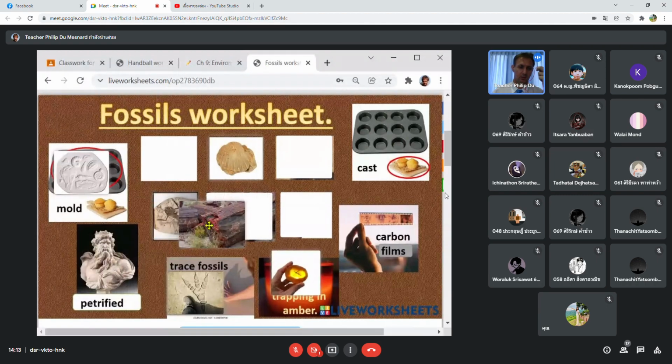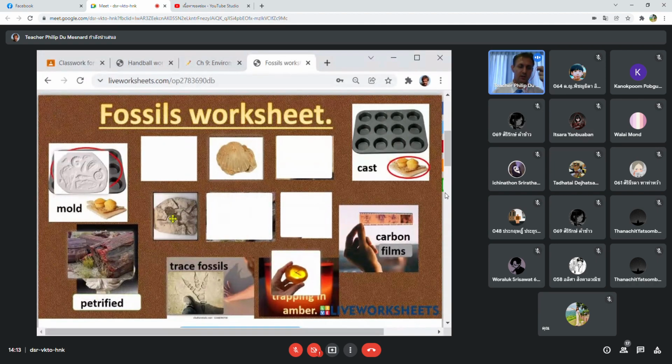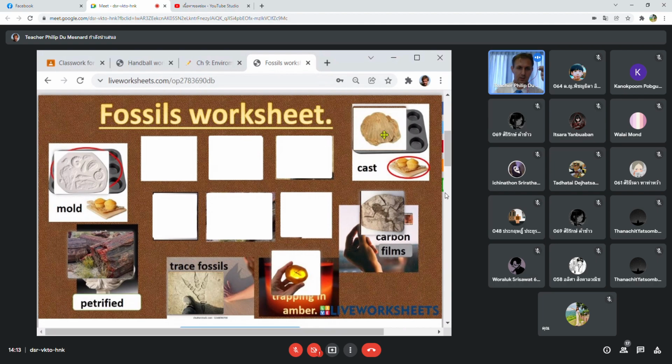So it's this one, petrified. Okay, this one is very, very thin. And you can see the picture. That's right. This is like a cupcake. Okay, class, so these ones, maybe they are going to be in your test.